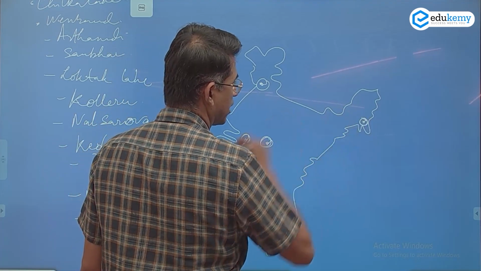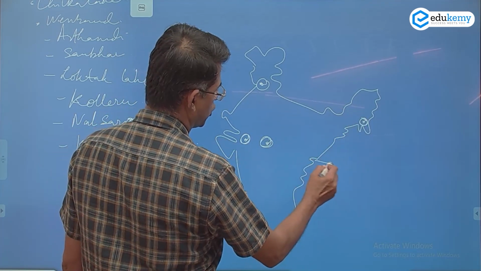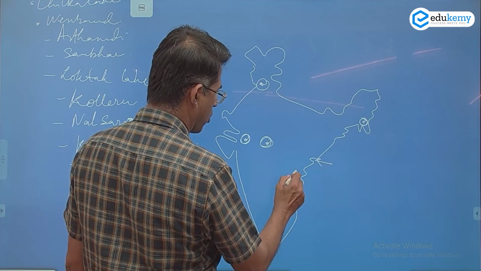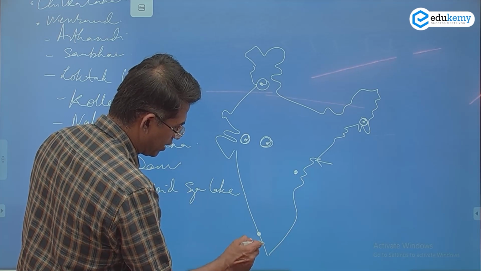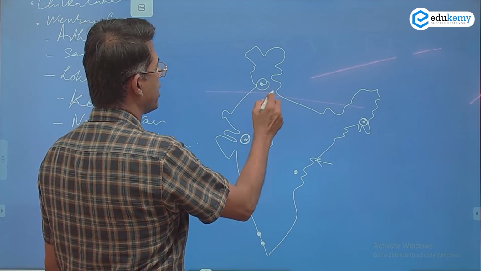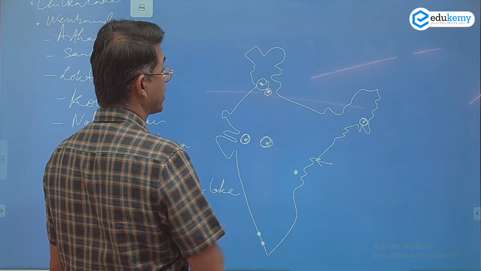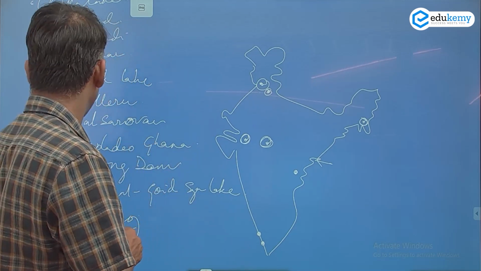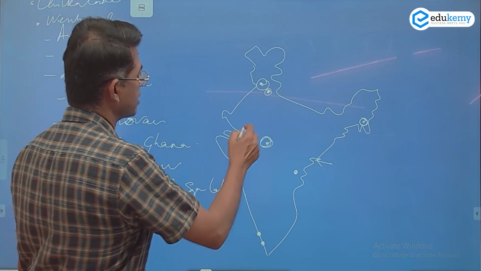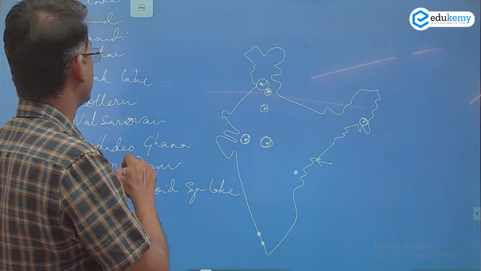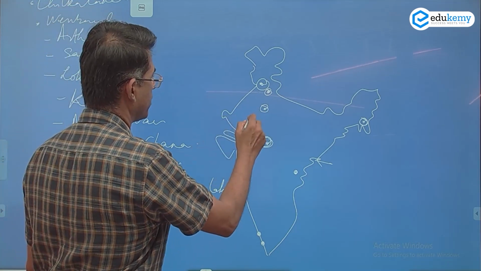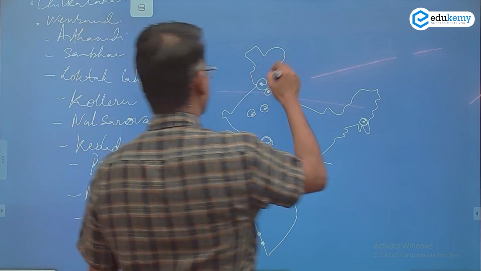This is Loktak, Chilka Lake, Kolleru Lake. We have Ashtamudi, Vembanad. In Himachal Pradesh, we have Renuka Lake. In Rajasthan, near Agra, Bharatpur. Sambar Lake, maybe somewhere here. So you have the names with you.